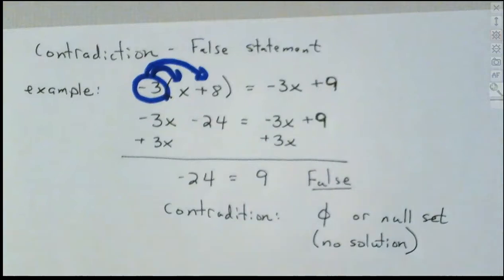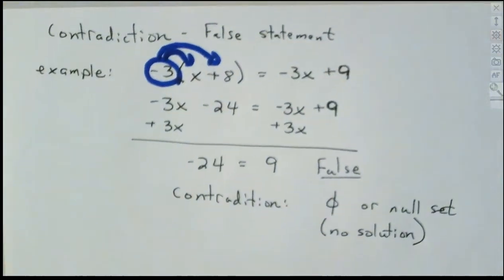So that's our 3 types of equations. Conditional. What does conditional mean? There's a condition. There's a number that works, that solves. So I can solve it and I get a number. If I get an actual numbered answer, like x equals 9 or y equals 12, that's conditional.